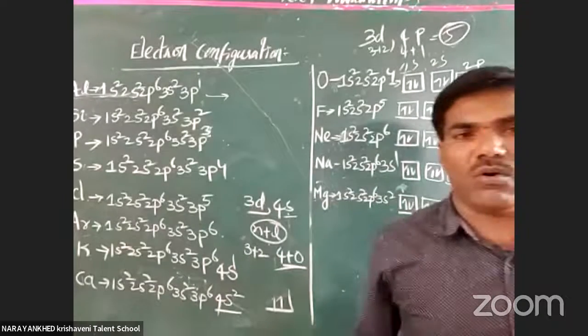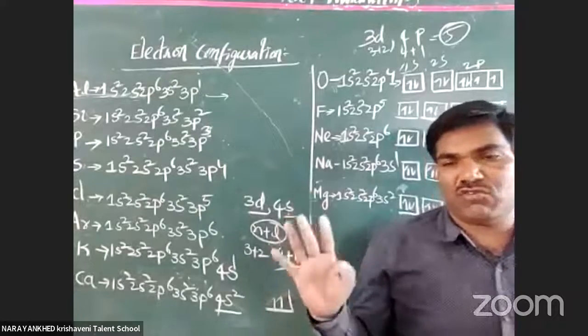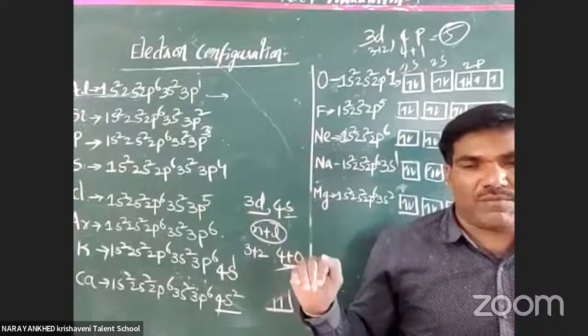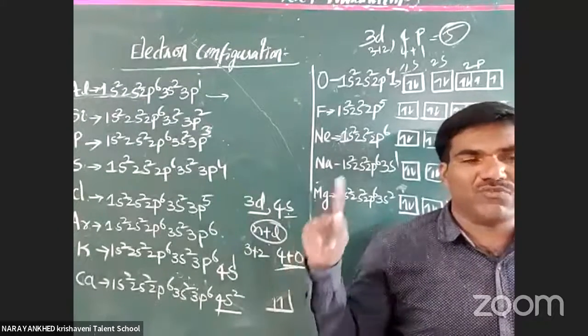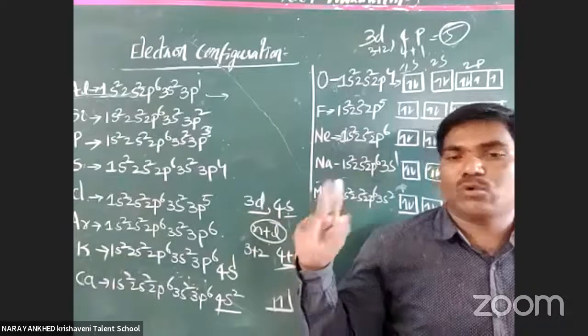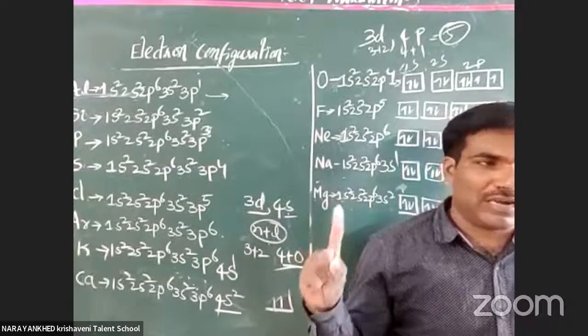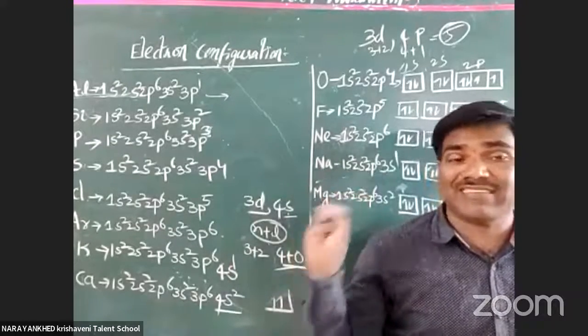You should know what electronic configuration is. Everyone must know by heart, or otherwise keep in your mind, the distribution of electrons. Listen carefully. For every orbital, two electrons are there individually. The s orbital contains 2 electrons, the p orbital contains 6 electrons.